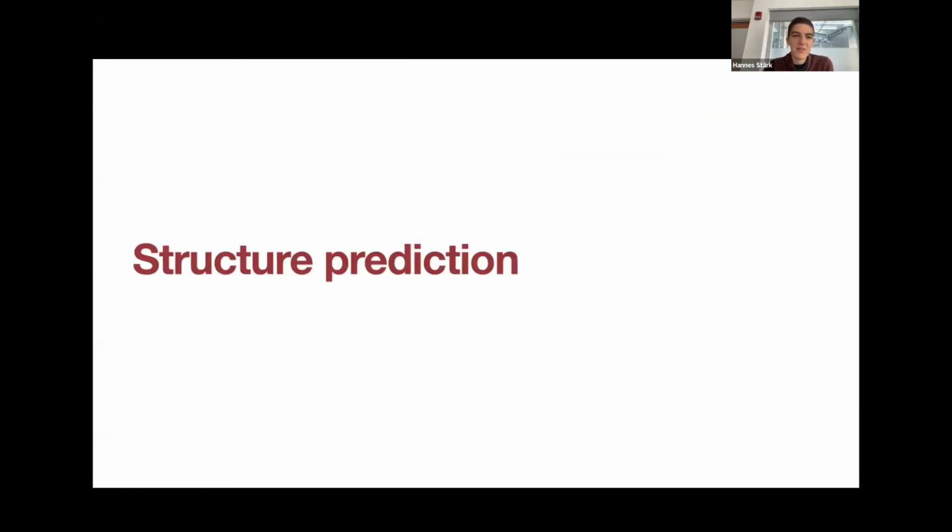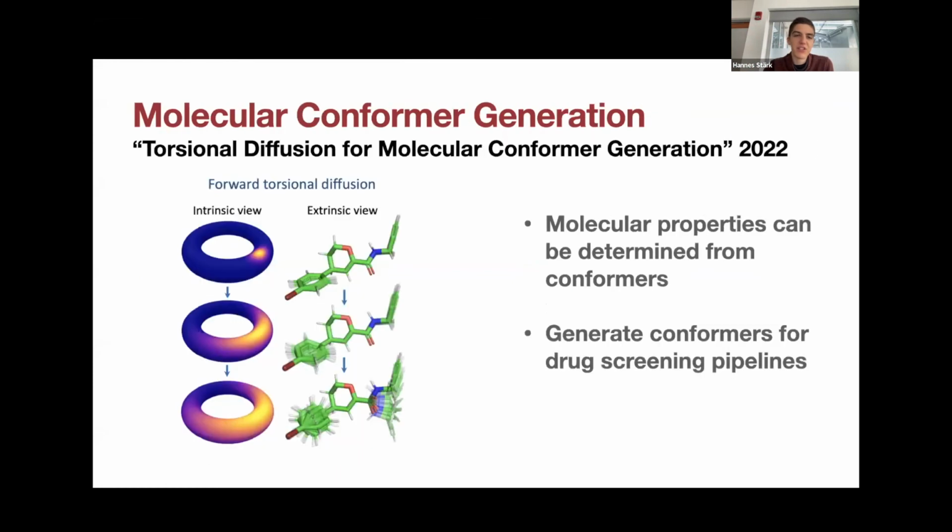And here in the structure prediction task, we're given a small molecule and its graph or its connectivity, like its molecular graph, but we don't have any 3D coordinates. And now, just from this molecular graph, we want to predict the 3D structure that the small molecule could take on. And these are not only one plausible 3D structure, but many of them.